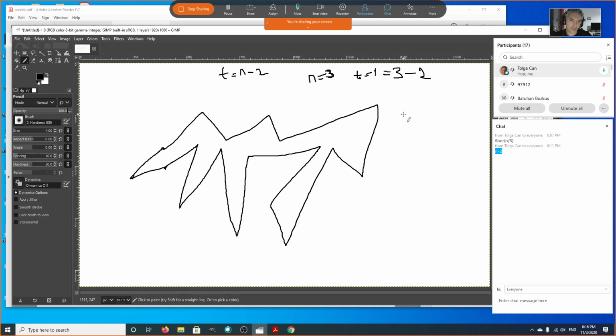Now, assume that for some arbitrarily large n-gon, for all polygons with fewer than n vertices, this holds true. This is our inductive hypothesis.